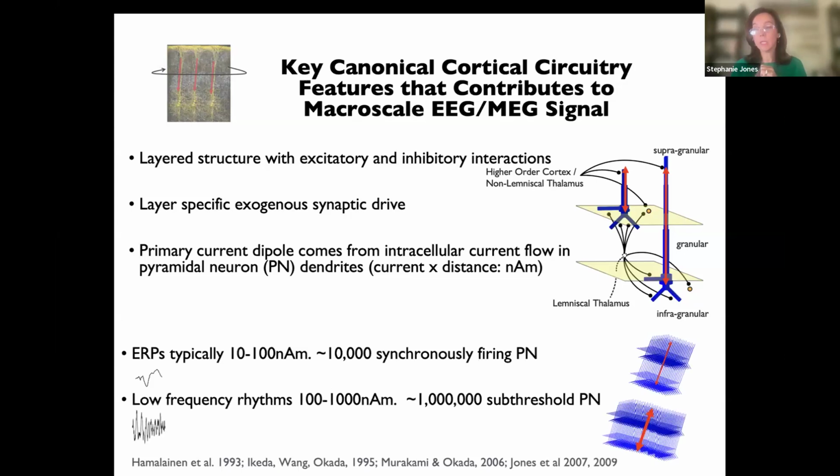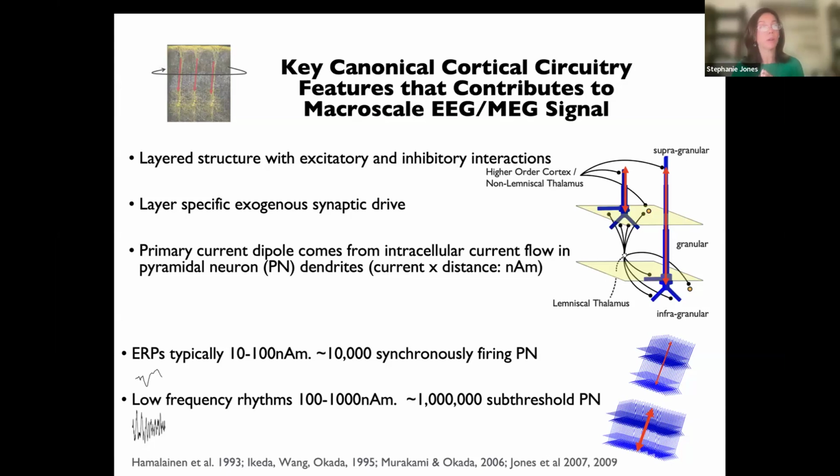So we know a little bit about the size of the networks that contribute to these most commonly measured EEG and MEG signals. So what are we commonly measuring? We're measuring an ERP, or we're measuring a low frequency oscillation: alpha, beta, theta, gamma. ERPs typically tend to be about 10 to 100 nanoamp meters. They're thought to be generated by the order of tens of thousands of synchronously firing pyramidal neurons.